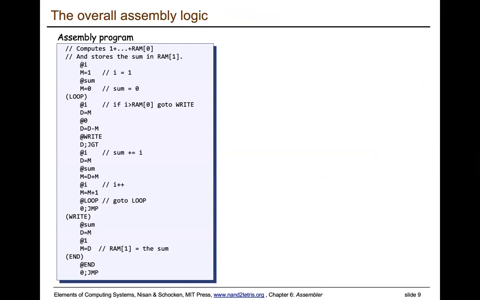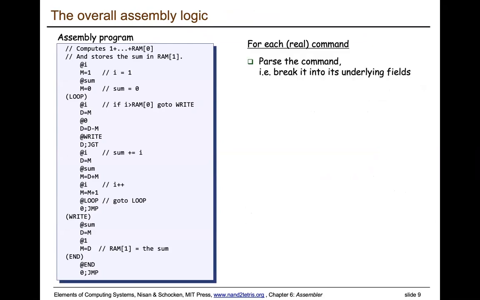Okay, so now we go to our assembly logic. For each real command, parse the command and break it into its underlying fields, especially for the C instruction. For the C instruction, you have the compute, the destination, and you may also have the jump part. Also, sometimes you need to break the A instruction into parts.